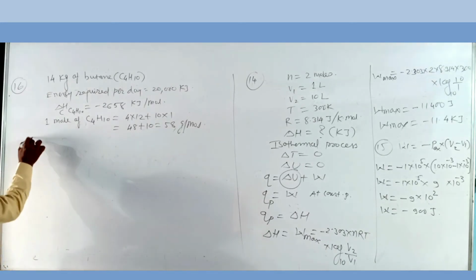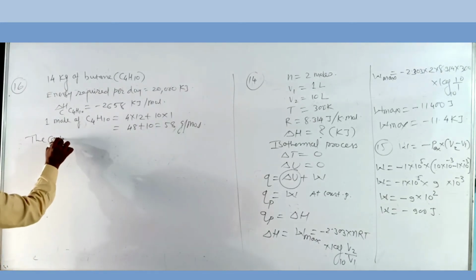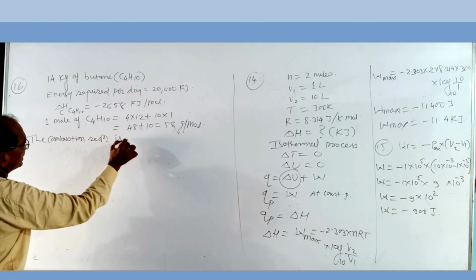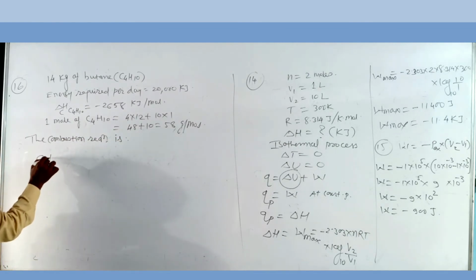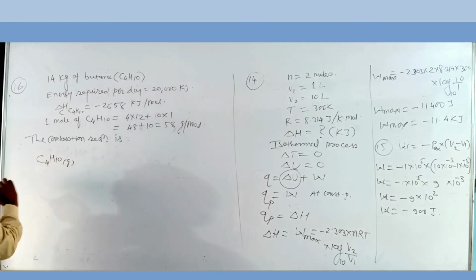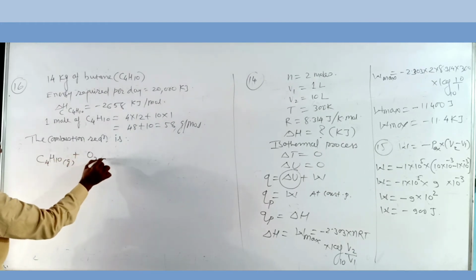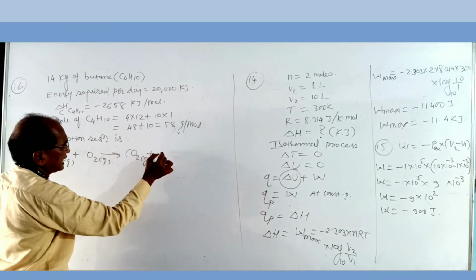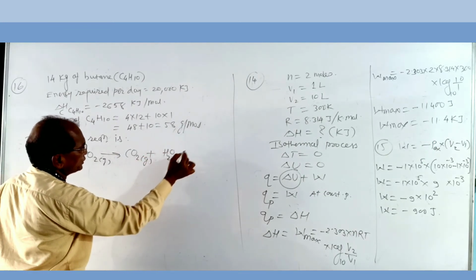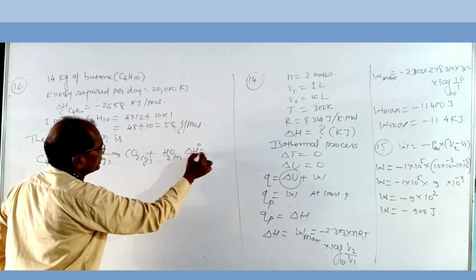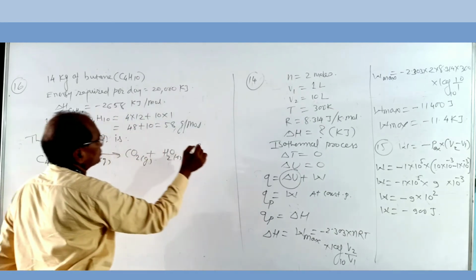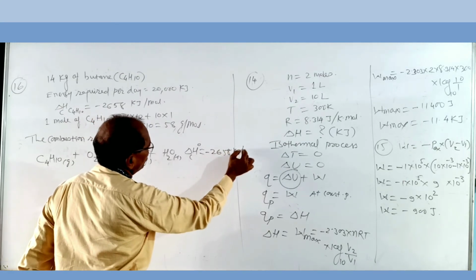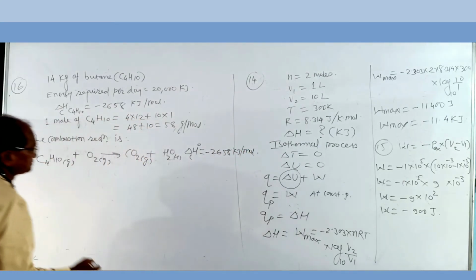The combustion reaction is C4H10 gas plus O2 gas gives CO2 gas plus H2O liquid, delta HC0 is equal to minus 2658 kilojoule per mole.